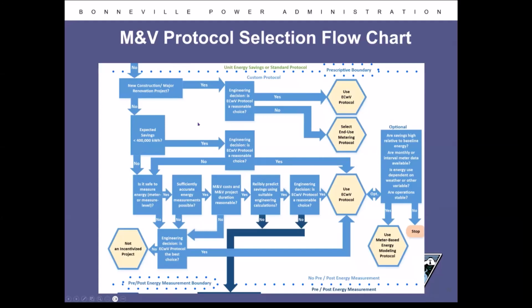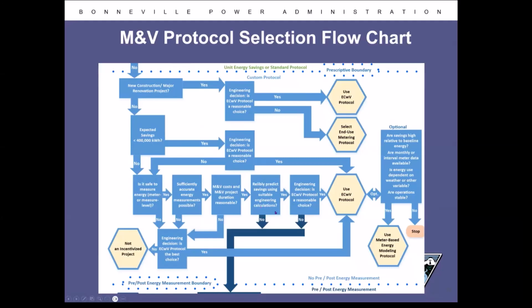Now, if you have a larger savings project, then we want to think about, is it safe to measure your energy? That includes, is it sub-metered at the meter level? Can you get those accurate energy measurements? Are the M&V costs and the M&V project duration tenable and reasonable?